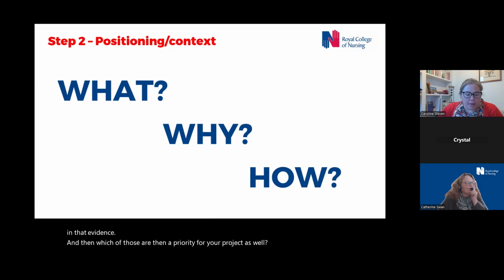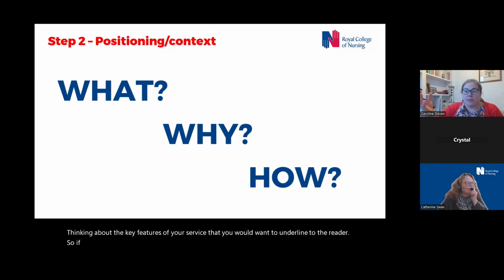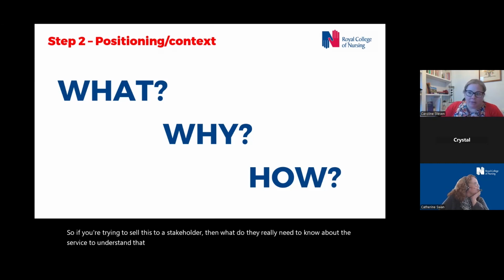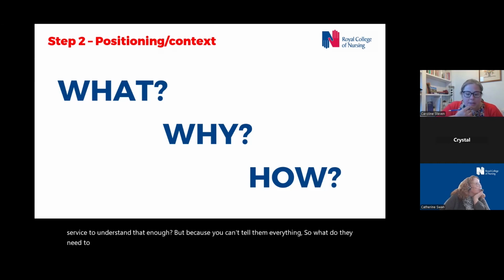Think about the key features of your service that you would want to underline to the reader. If you're trying to sell this to a stakeholder, what do they really need to know about the service to understand it enough? You can't tell them everything, so what do they need to understand to get a sense of why this is important?